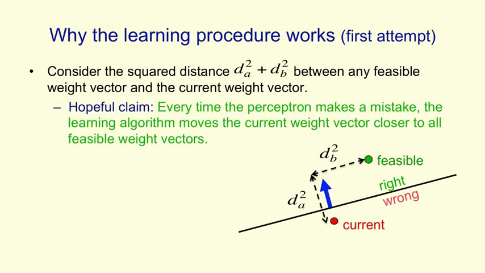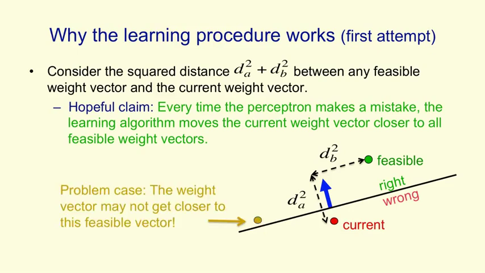So our hopeful claim is that every time the perceptron makes a mistake, our current weight vector is going to get closer to all feasible weight vectors. Now this is almost right, but there's an unfortunate problem. If you look at the feasible weight vector in gold, it's just on the right side of the plane that defines one of the training cases.